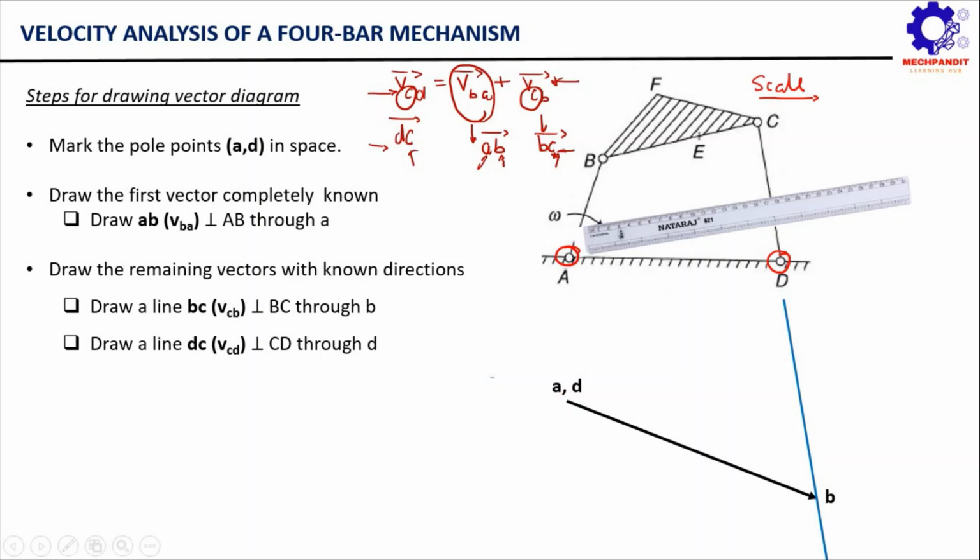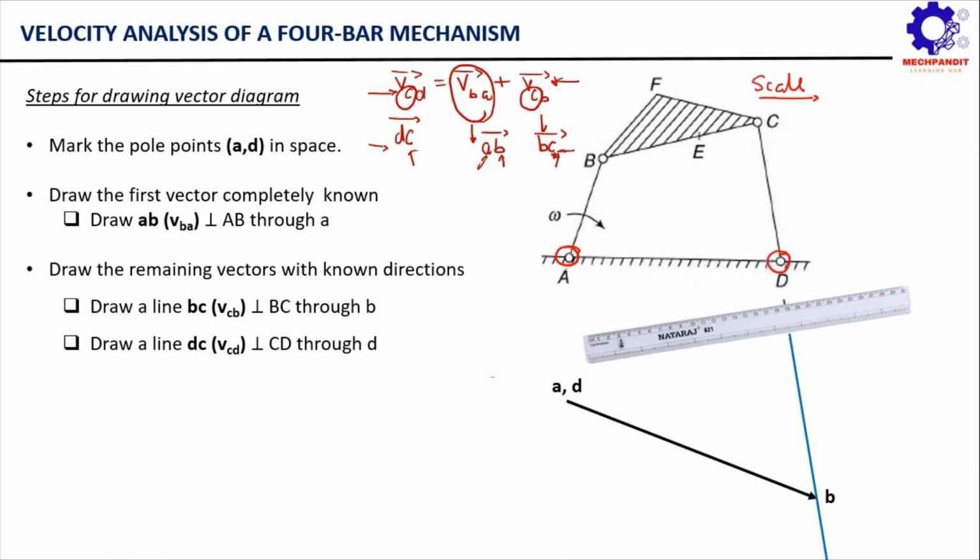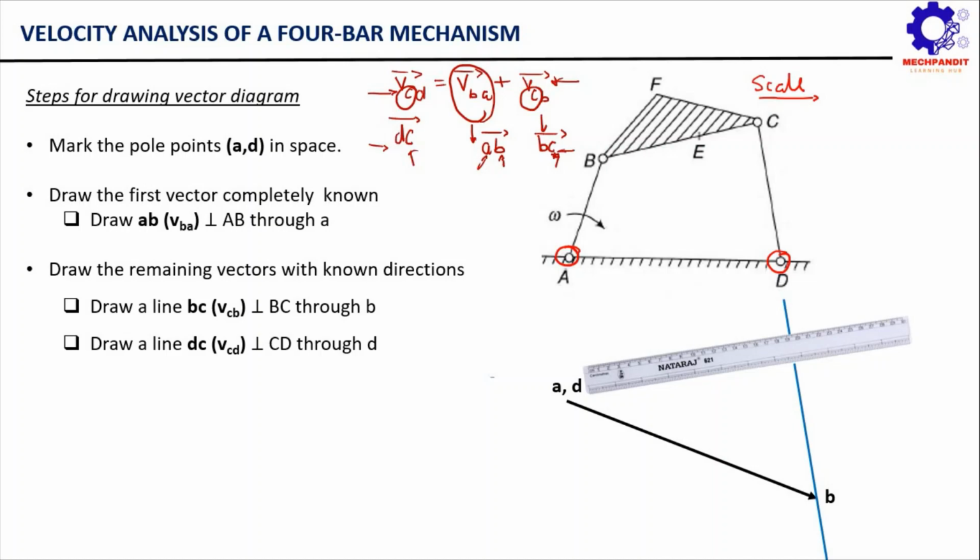So what we are going to do, through this point D, we will simply draw a line perpendicular to which side? Perpendicular to this side DC. So let me draw this line. Now it is very obvious that the intersection of these two lines should give us the point C, correct? So the next step is simply to mark the intersection of these two lines as point C.